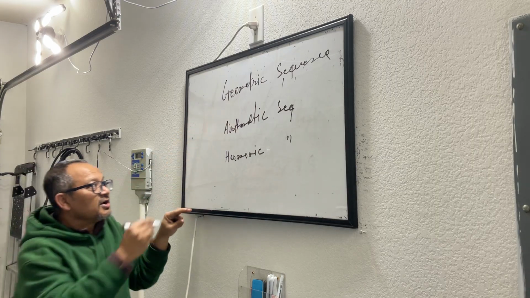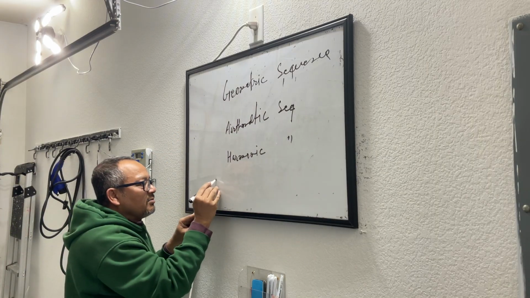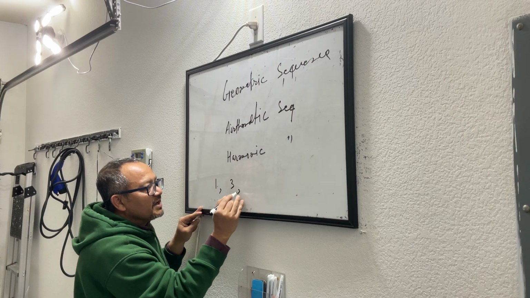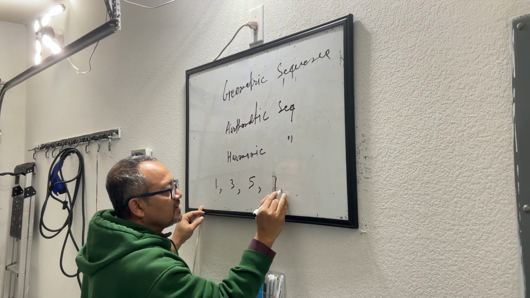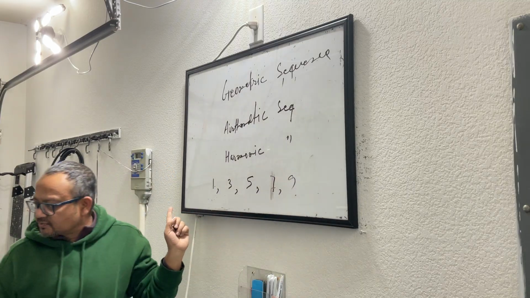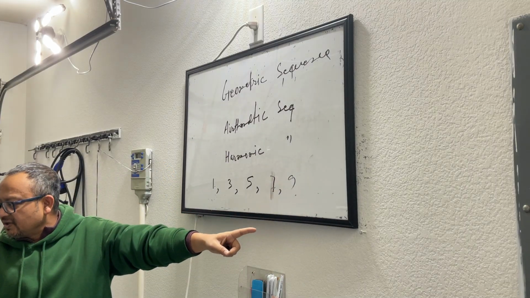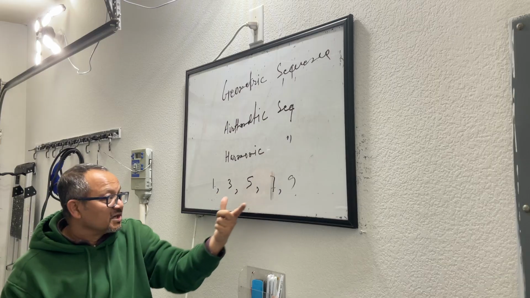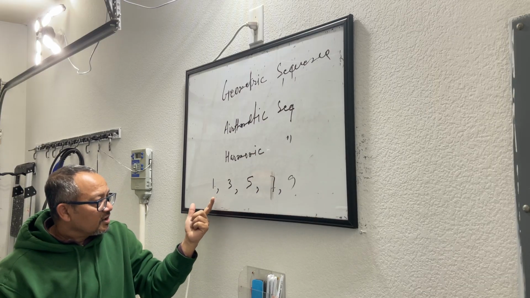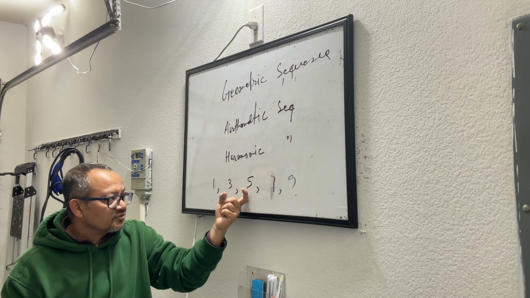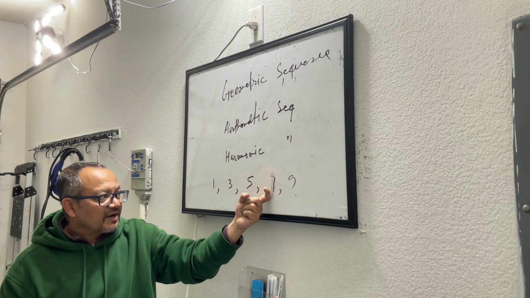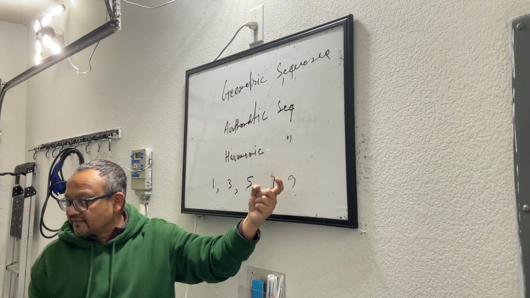Let's say your numbers are 1, 3, 5, 7, 9. I have just put a few numbers here, trying to depict some sequence. 1 to 3, there is a difference of 2. 3 to 5, there is a difference of 2. 5 to 7, difference of 2. 7 to 9, difference of 2.